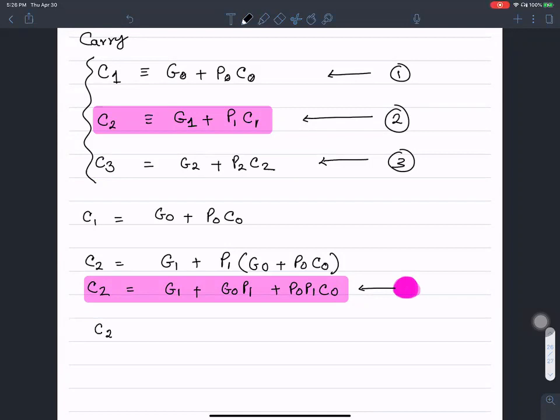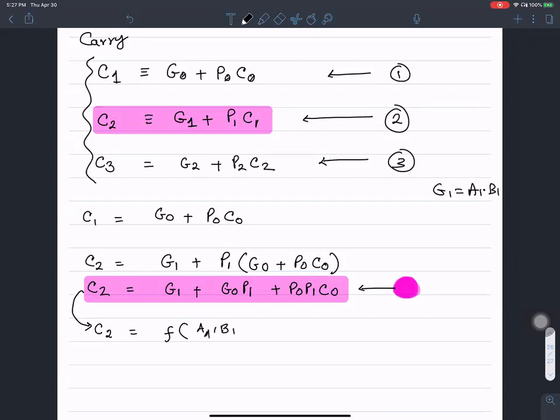Correct. Thank you. So in this equation here, C2 is a function of G1. G1 is simply A1 times B1, right?